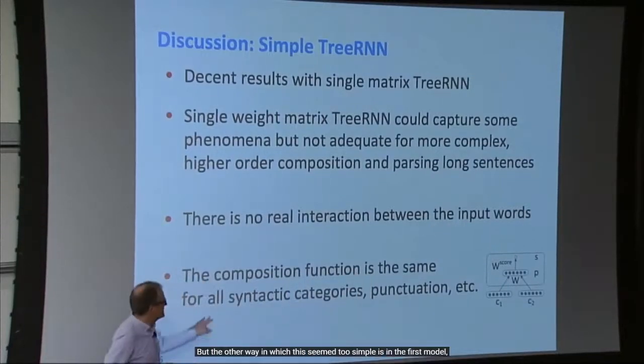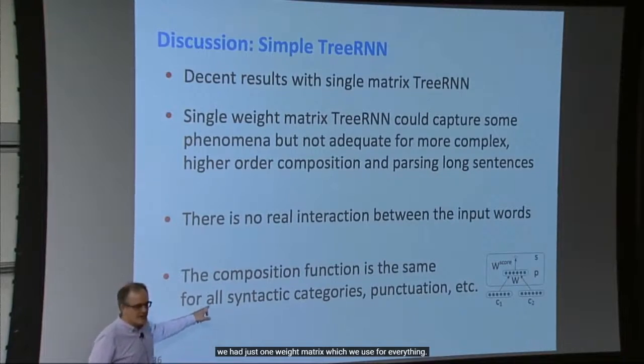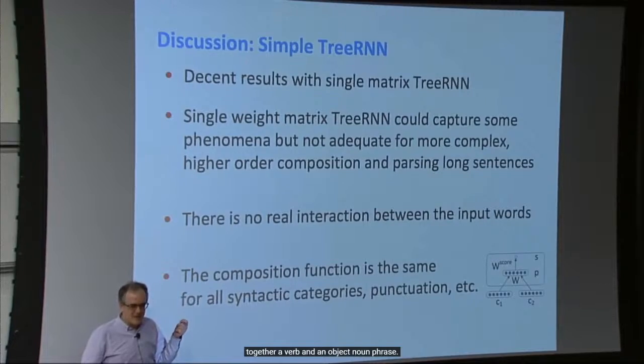The other way in which this seemed too simple is that in the first model, we had just one weight matrix, which we used for everything. And if you're a linguist thinking about the structure of language, you might think, wait a minute, sometimes you're putting together a verb and an object noun phrase, hit the ball. Sometimes you're putting together an article and a noun, a ball.